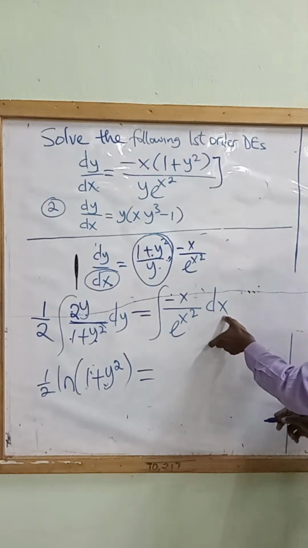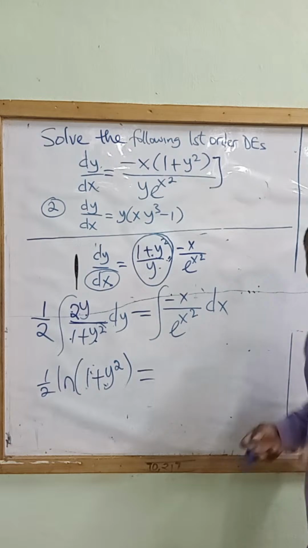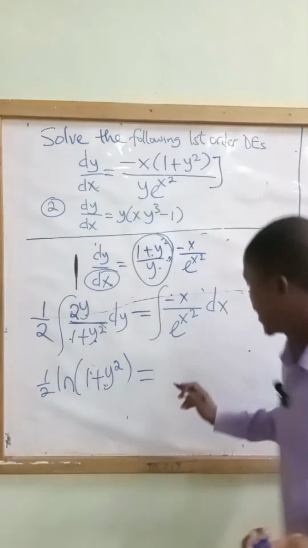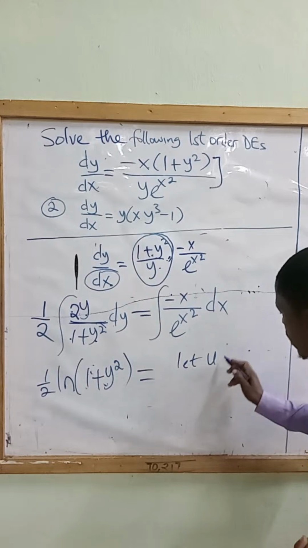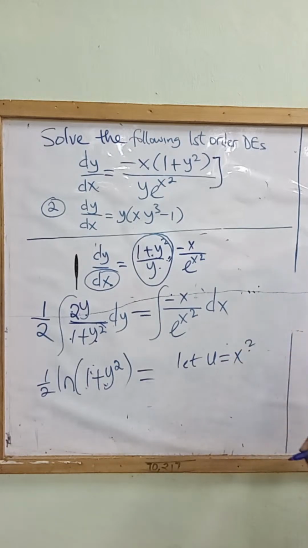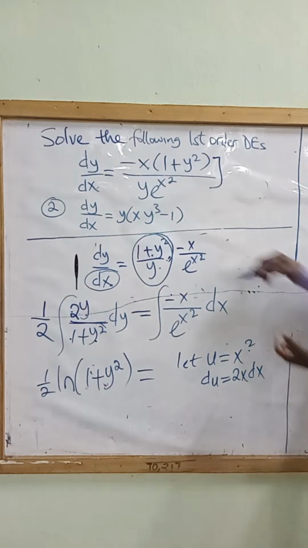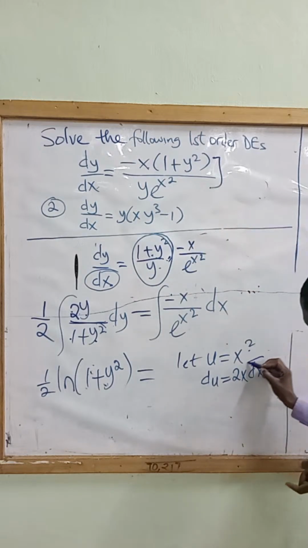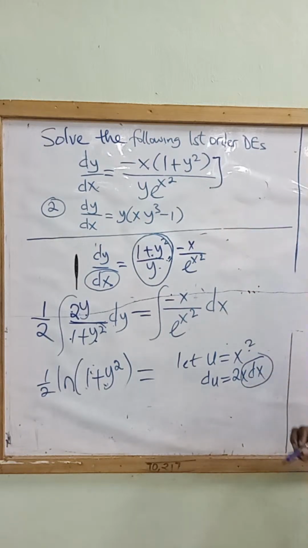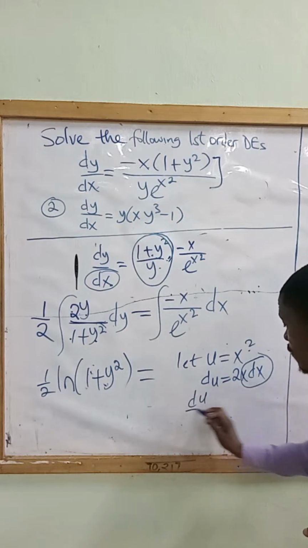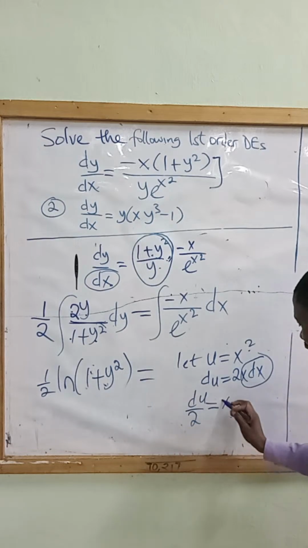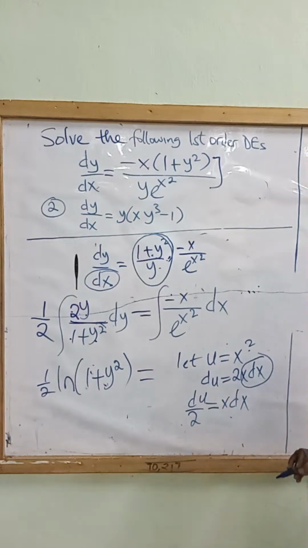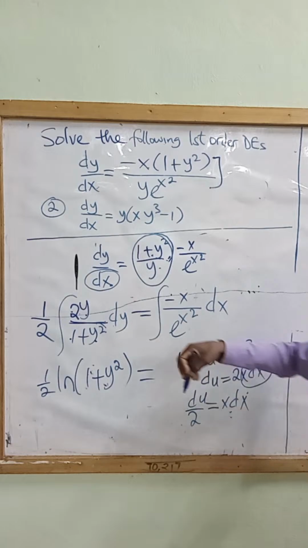For the second part, we're going to use change of variable. Let u equal x squared, and then get your du. Your du will equal 2x dx. You can see at the numerator here you have x dx, so I'm going to make x dx the subject. So I have du over 2 equal to x dx. Anywhere I see x dx, I'm going to place du over 2.